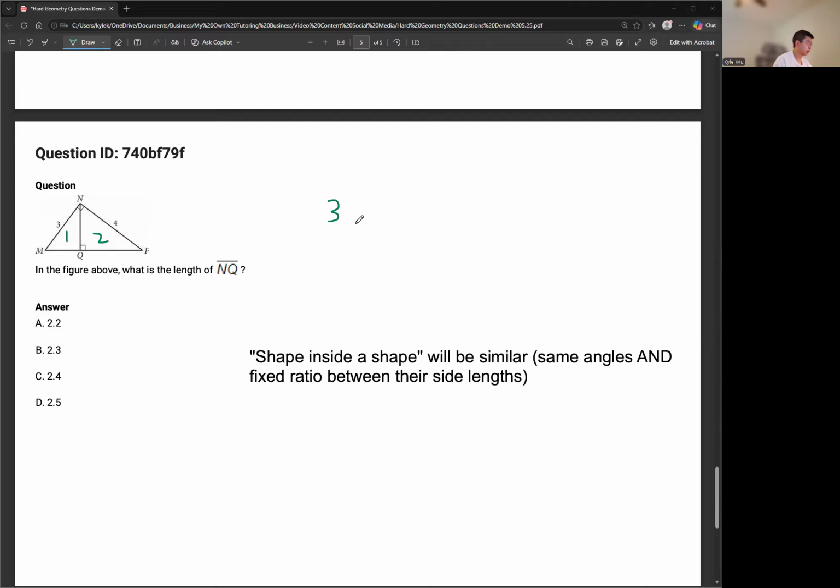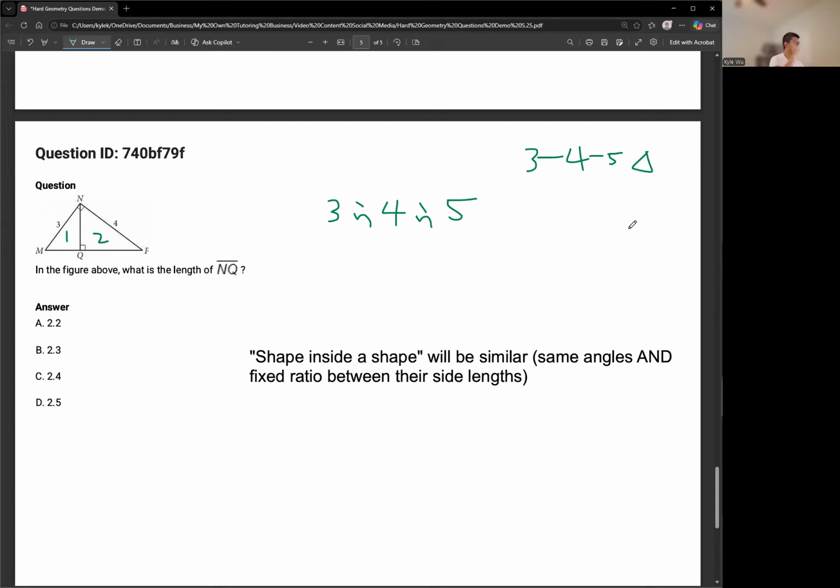It's going to be 4. And what's the hypotenuse of that entire big triangle MNP? It's going to be 5. So looking at the big triangle, right? We know that we have a 3, 4, 5 triangle.